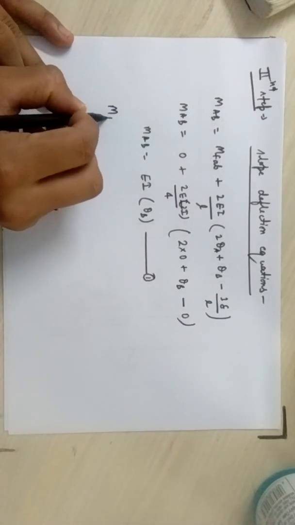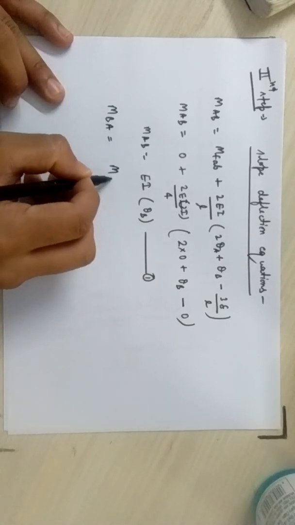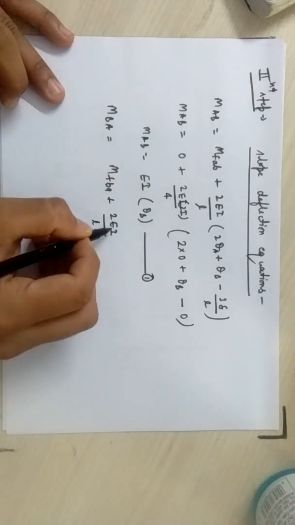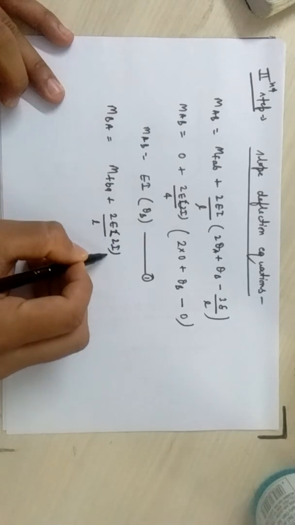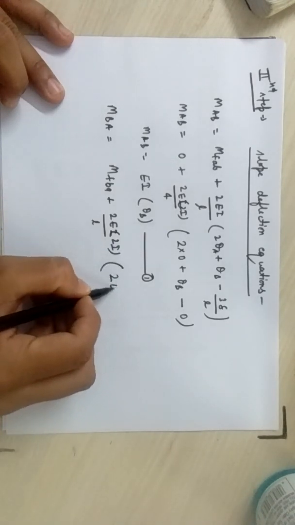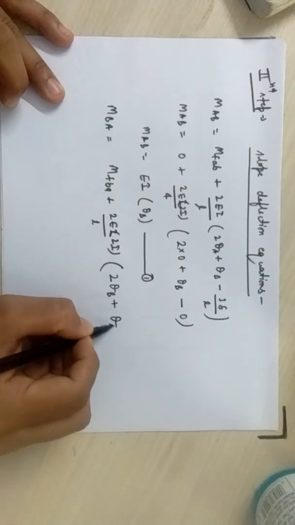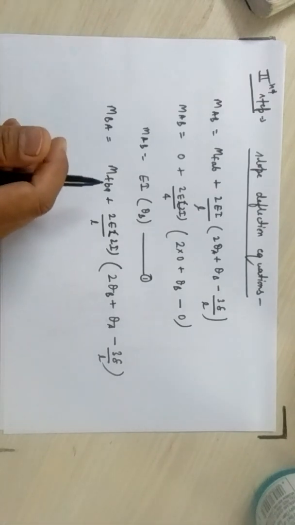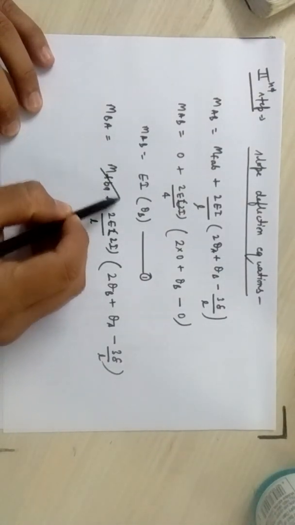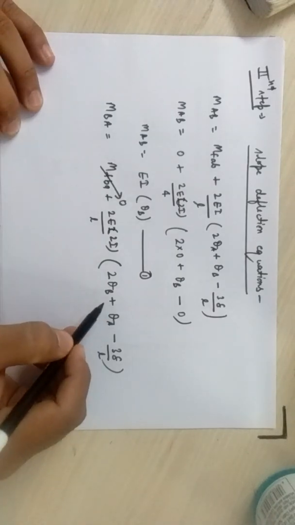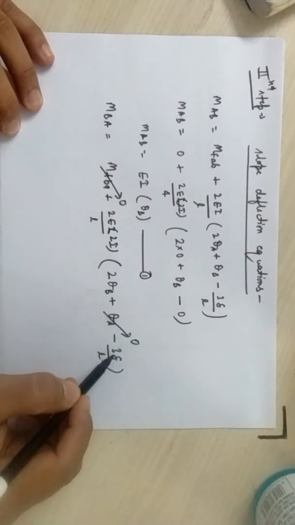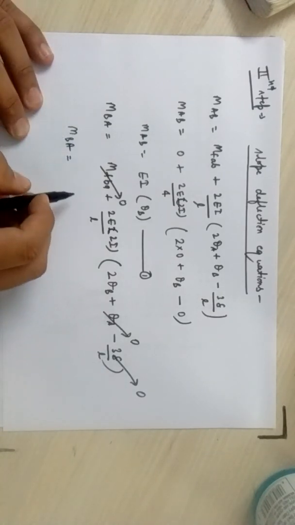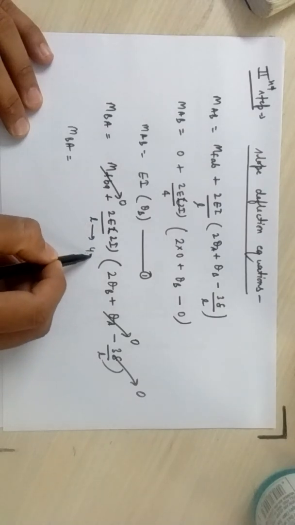Similarly, for MBA, we will write MFBA plus 2EI upon L, and here I will be 2I, and in brackets 2 theta B plus theta A minus 3 delta upon L. Okay, so here MFBA is 0, theta A is 0, delta is 0, so MBA will be equal to, and this L is 4 meter.